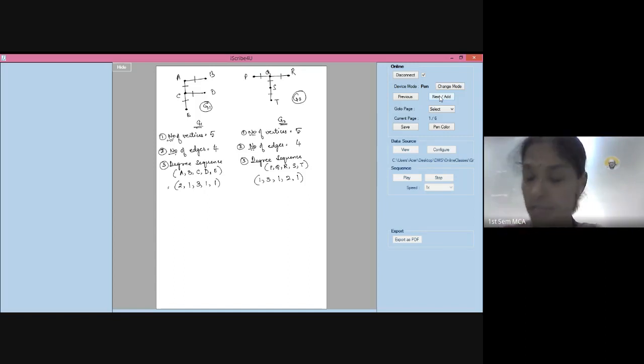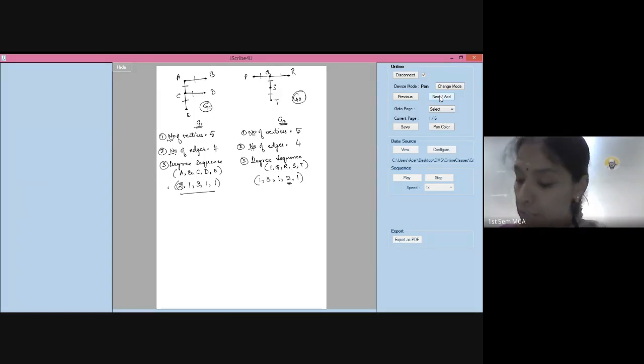Observe this degree sequence now. How many vertices you have of degree 2 here in G1? Only 1. See, when I say degree sequence, order need not be the same. But look at the degrees. There is 1 vertex of degree 2 in G1 and 1 vertex of degree 2 in G2.